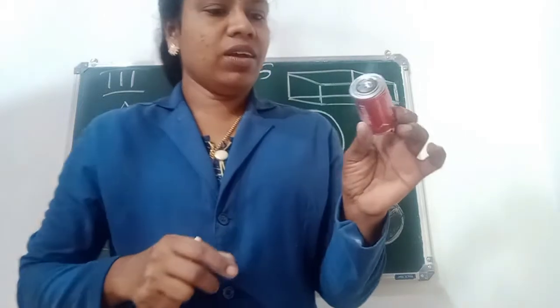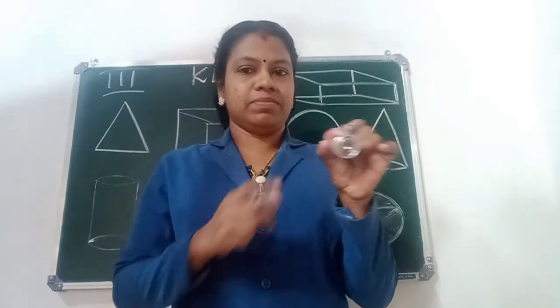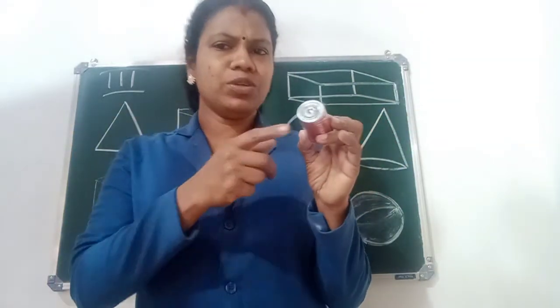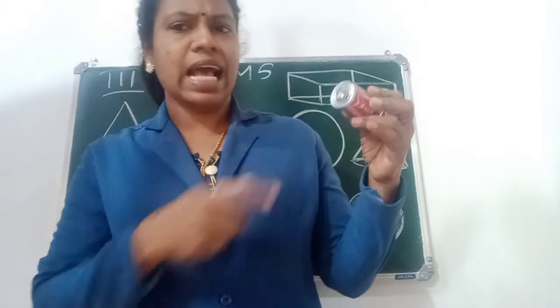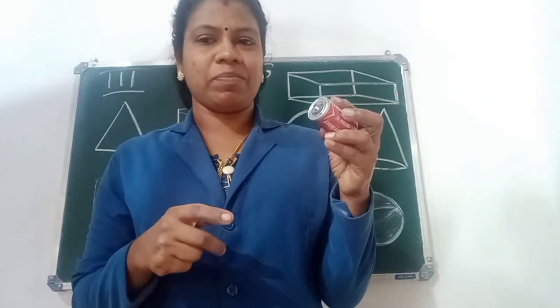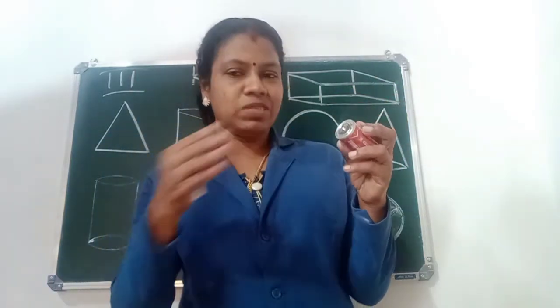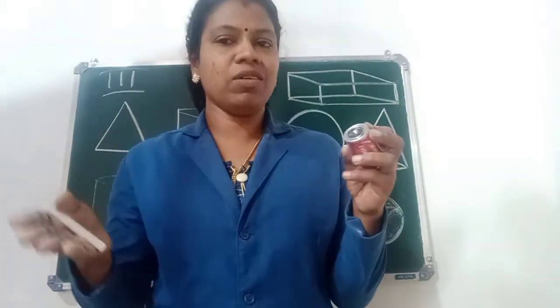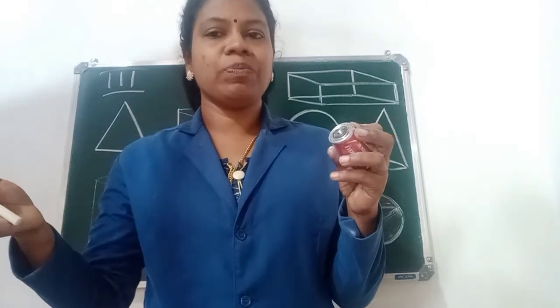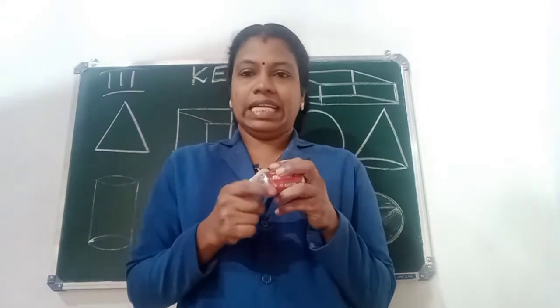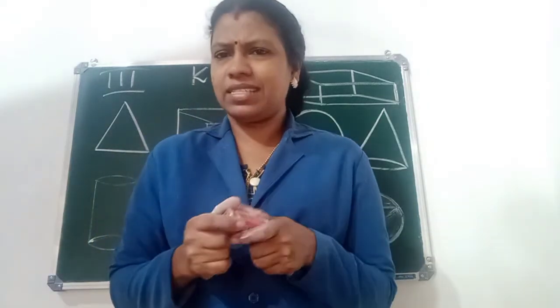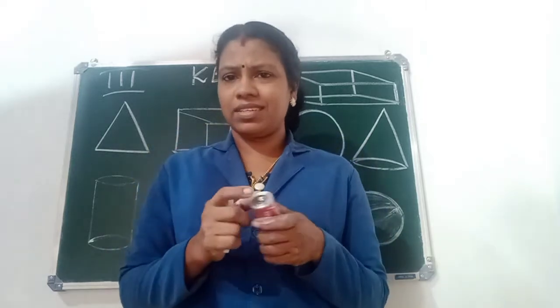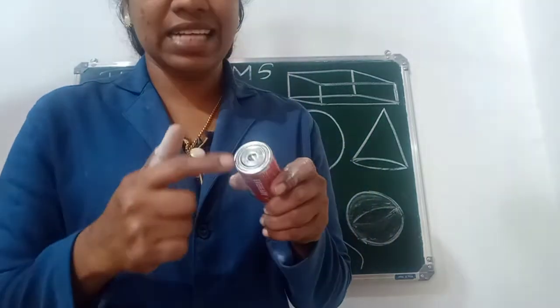So look at the shape. Does it have any corner? Just observe the things which have curved edges. Do these things have any corners? Look here. Does it have any corner?